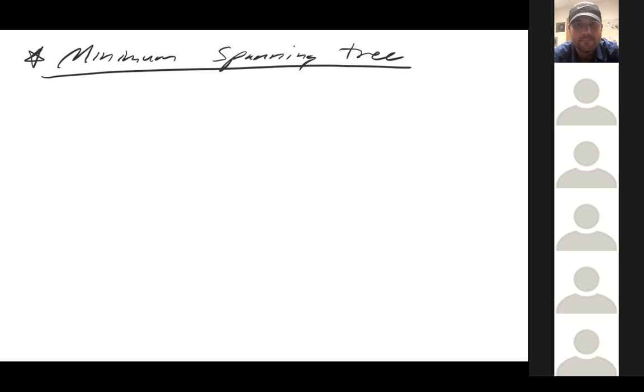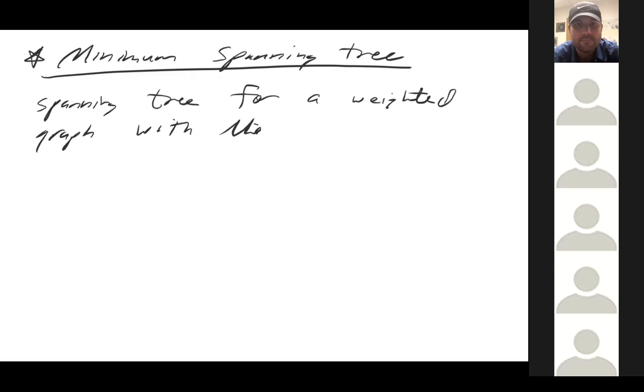It's the spanning tree for a weighted graph. So we're going back to weighted graphs, which are the graphs that have the numbers on the edges. A spanning tree for a weighted graph with the smallest possible total weight.